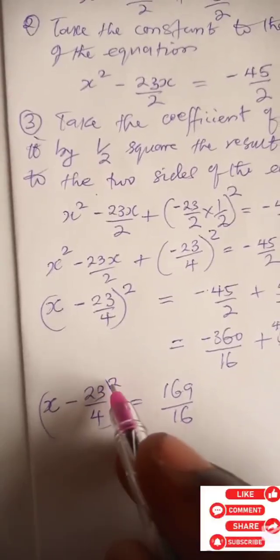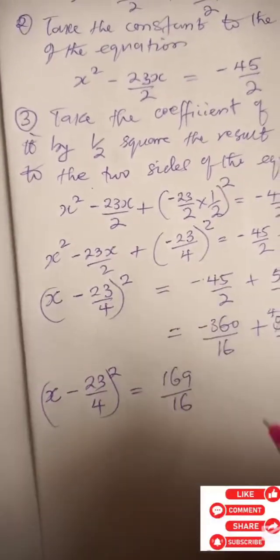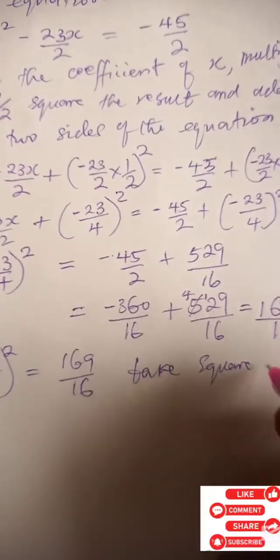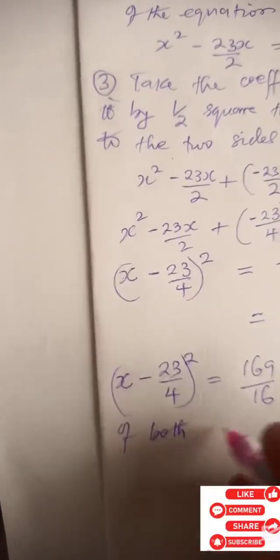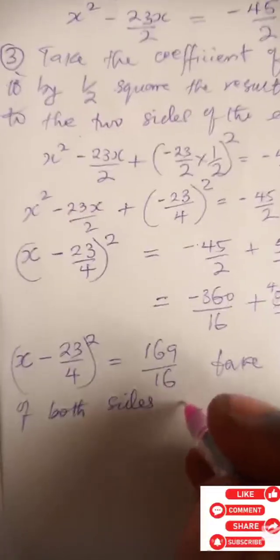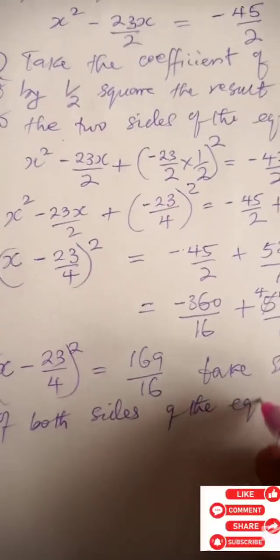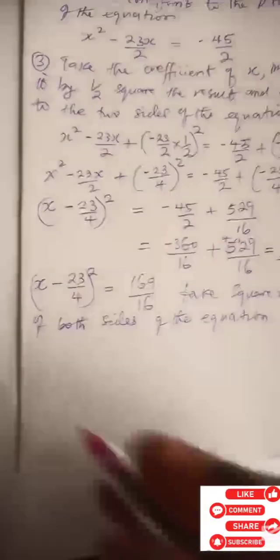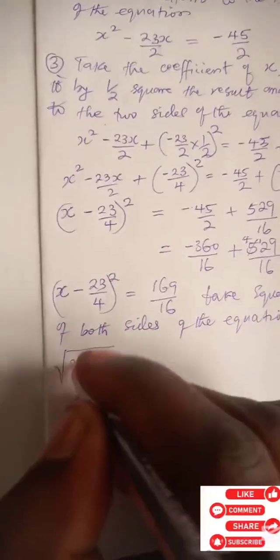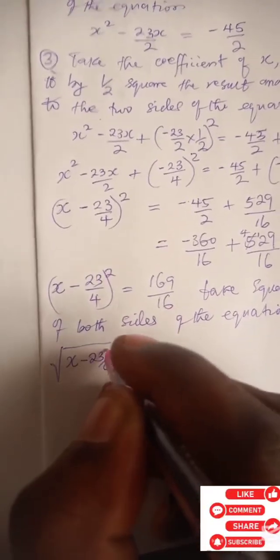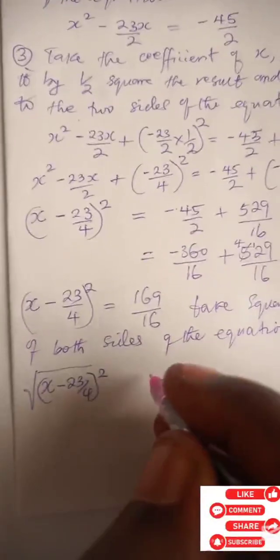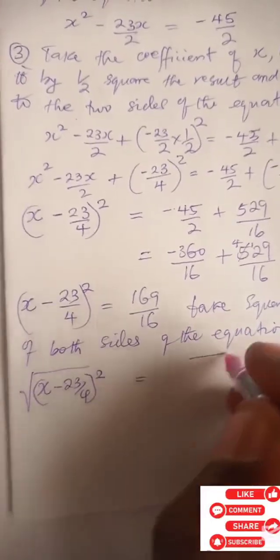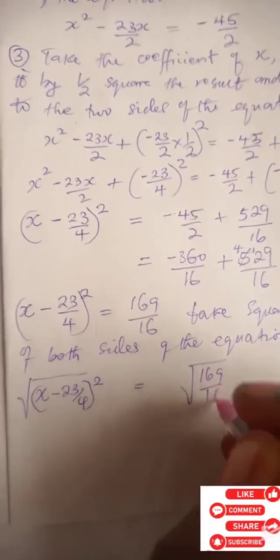Now, how do we proceed? We have to eliminate this square, these two here, by taking a square root of both sides of the equation. So in that case, I'll be having square root of x minus 23 over 4 all square, and is equals to square root of 169 all over 16.